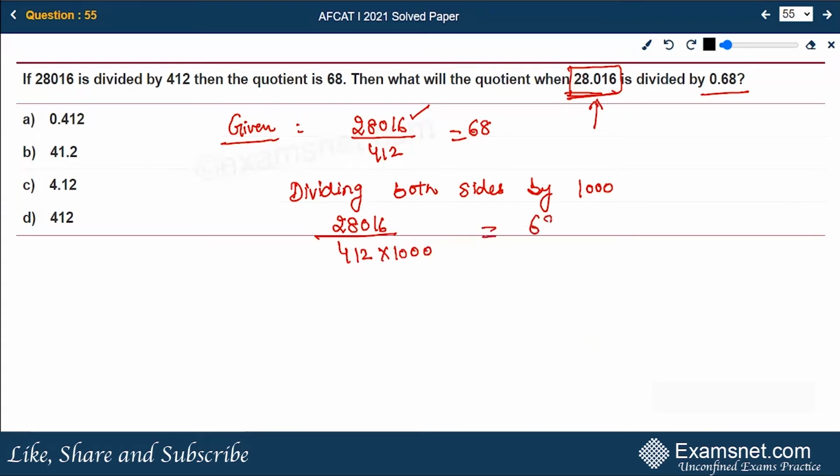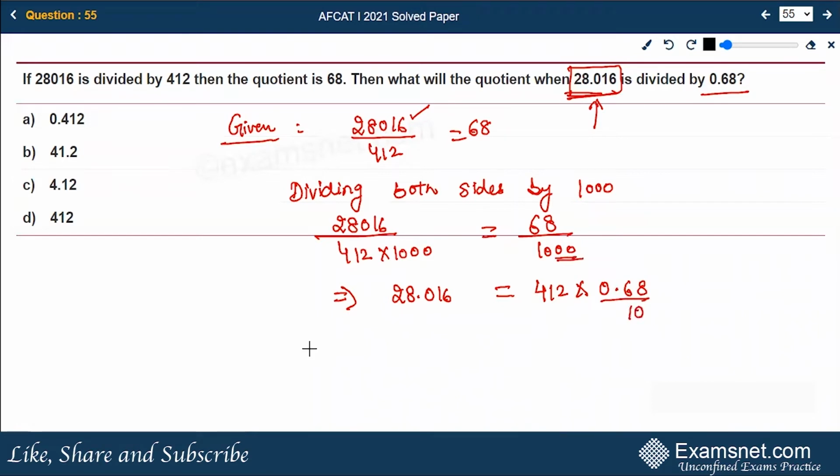This is equal to 68 upon 1000. So this becomes 28.016 upon 412 is equal to 0.68 upon 10.